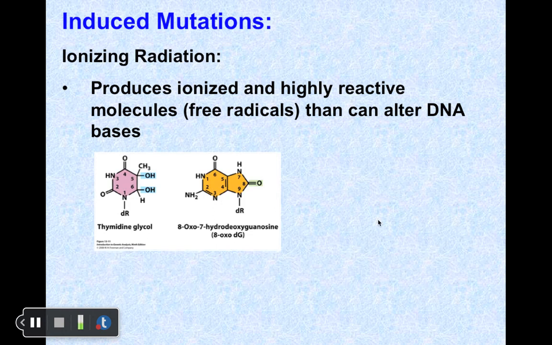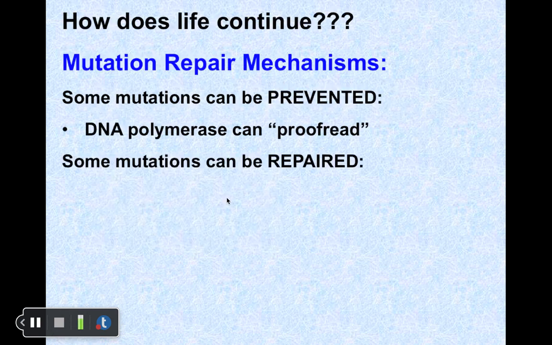Ionizing radiation, it too can interact with DNA and change the nature of DNA. It can literally change the structure of some of the bases within our DNA. And of course, that can lead to potentially big problems as well. So think about all these ways that mutations can occur.